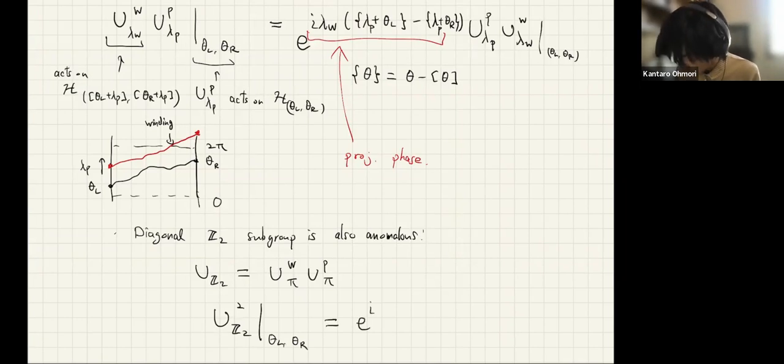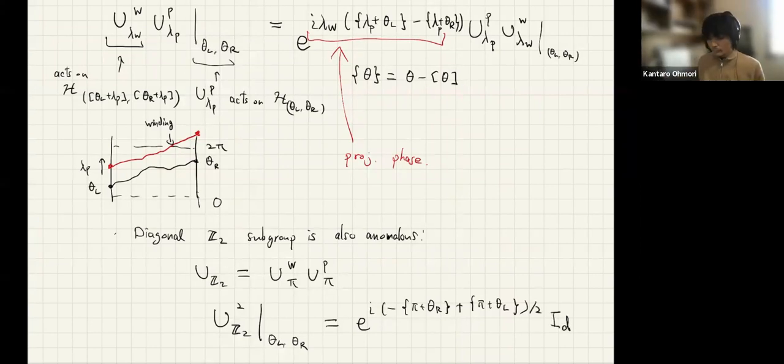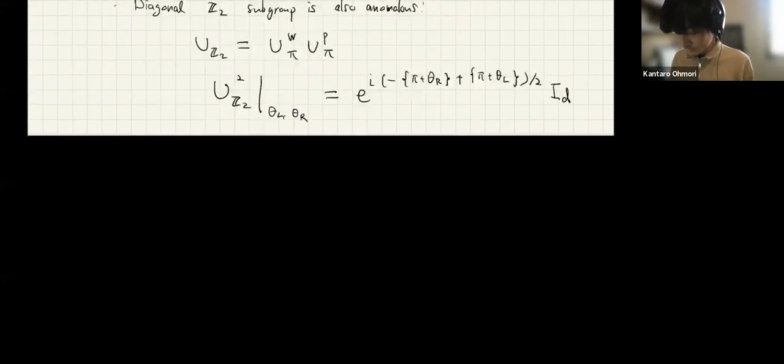The phase is e^{i} times minus pi plus theta R, plus pi plus theta L, over 2, and identity. So that's the one.